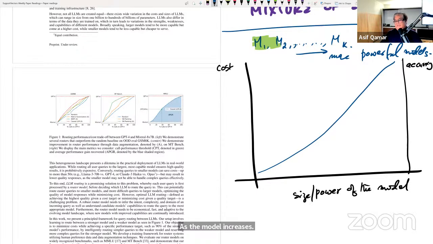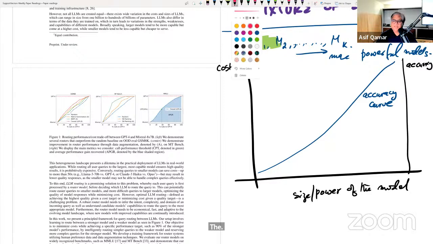As the model size increases, the accuracy increases, right? By the way, it's just a hand-waving argument, so don't take this curve too literally. Would you agree with that? That when it comes to accuracy, this is the accuracy curve with respect to the size of the model. Unfortunately, the cost of the model rises alarmingly along a similar curve.